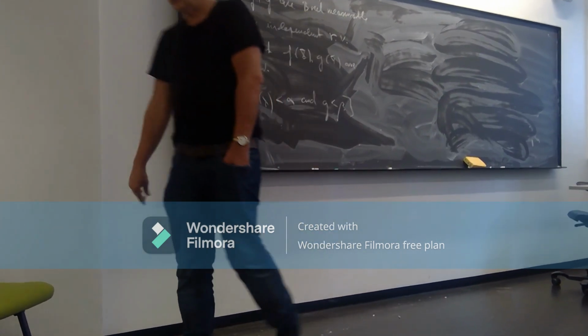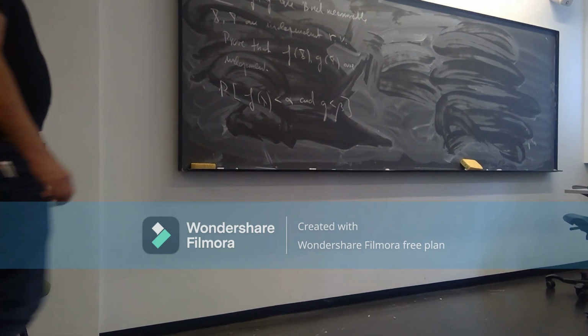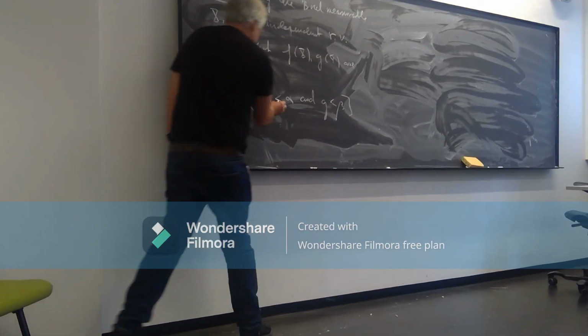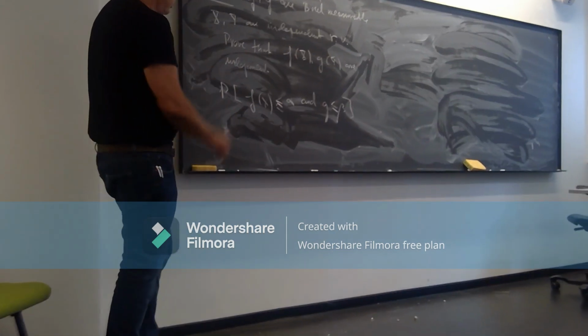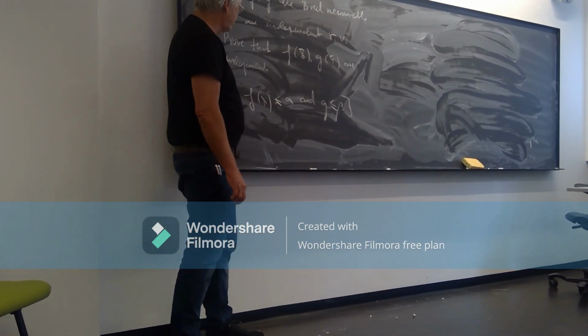The basic definition of independence of random variables says that this should split as the product of the probability of the first part and the second part.